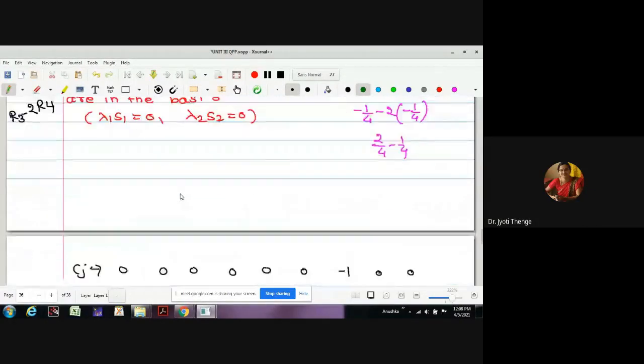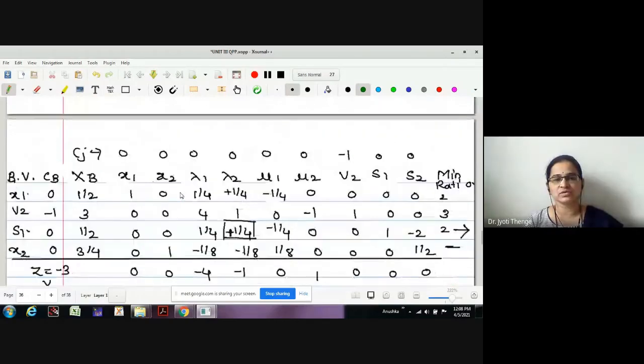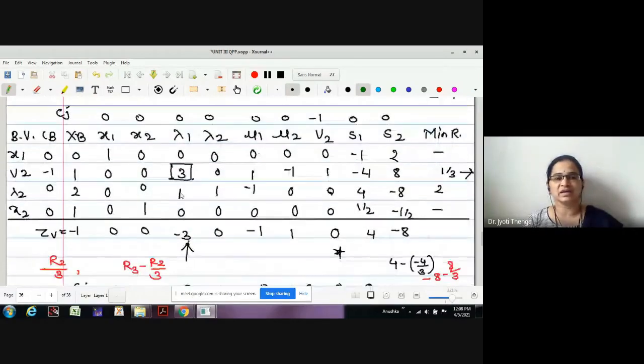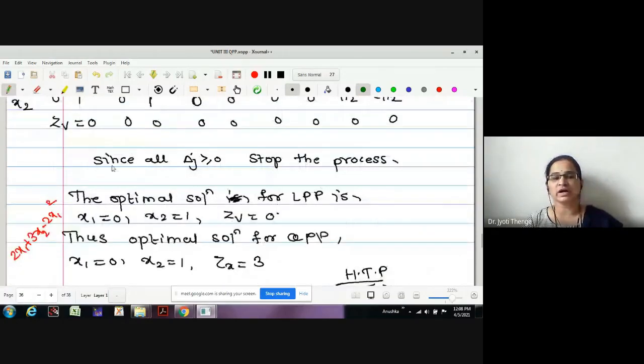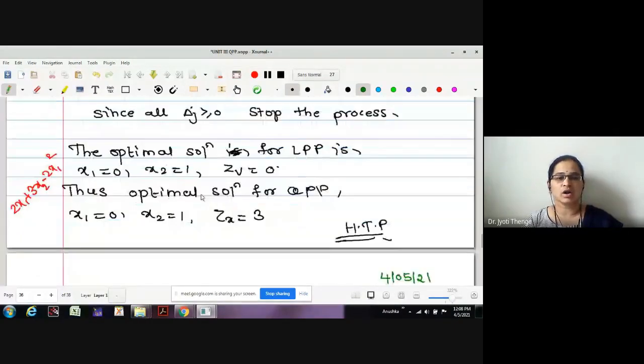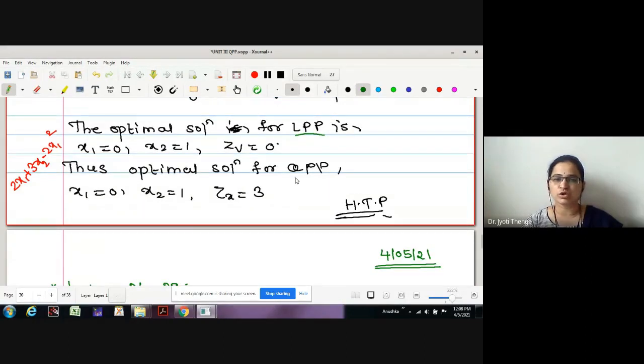There is no difficulty in introducing these variables while respecting complementary slackness. The rest of the procedure is the same. We continue till all net evaluations are non-negative. The solution in the last table is the solution of the linear programming problem, which in turn is the solution of the quadratic programming problem. This is the methodology we studied.